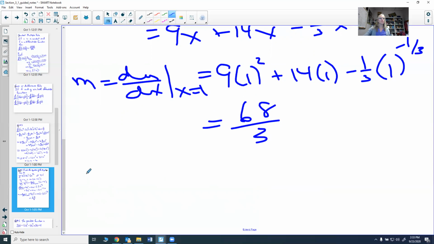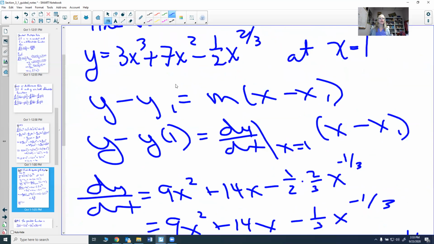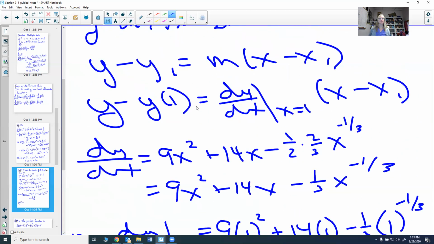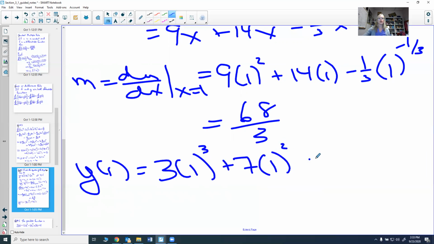So that's my slope. My y evaluated at 1, by the way, just in case you forgot you had to do that. Remember, my y equation is 3x cubed plus 7x squared minus 1/2 x to the 2/3. I need to evaluate that at 1. So 3 times 1 cubed plus 7 times 1 squared minus 1/2 times 1 to the 2/3, sorry, make sure I wrote that right.